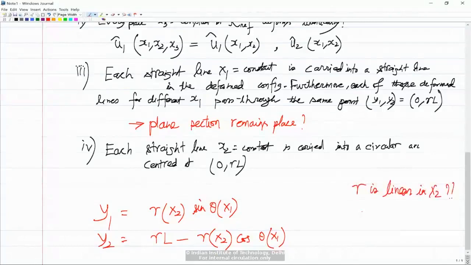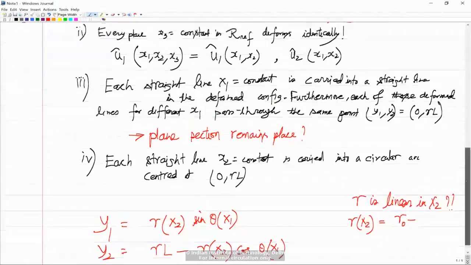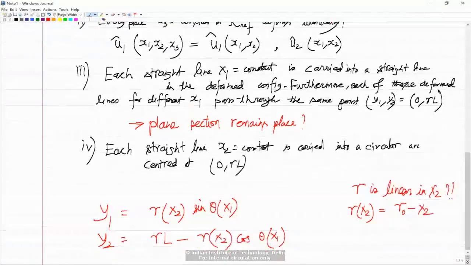So maybe something like R of x2 is equal to, say, some R naught minus x2. Can we say that? See, this is what you had when you did it in the undergraduate class. You said that r of x2 is simply some radius r0 minus x2.